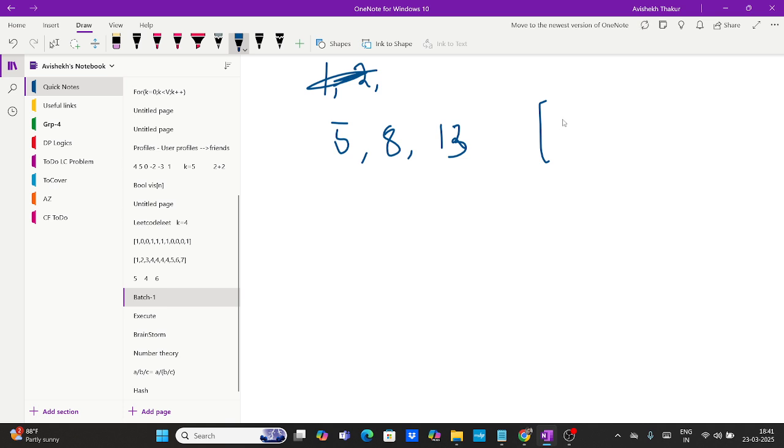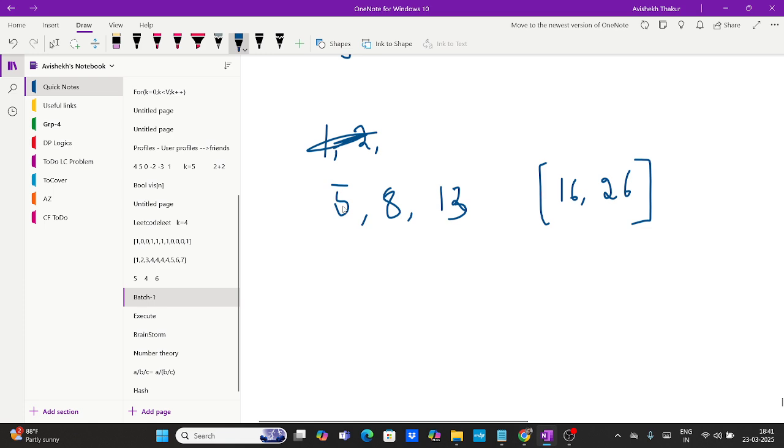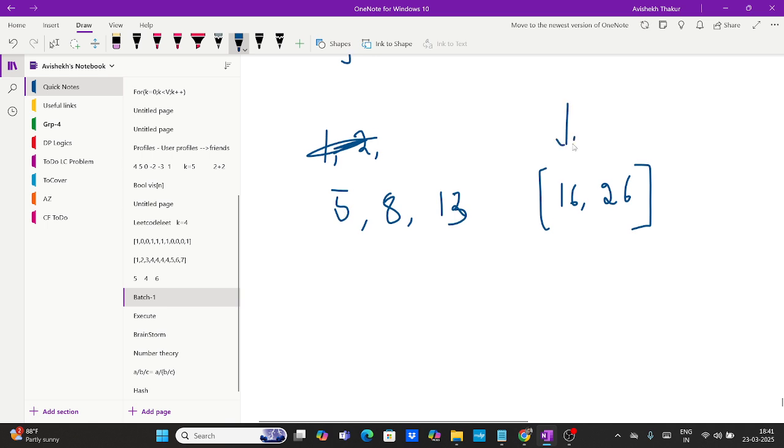Here, let's say 16 and 26. This is the target array and this is the nums array. One of the options I can see is to increment it by 8 times, and increment this by 13 times. What do you think?